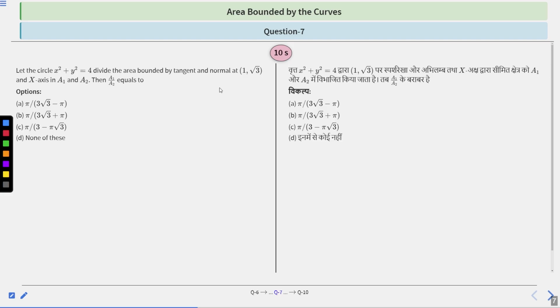So clearly you can try to draw this curve, and the tangent and normal at (1, root 3), and in this way you will be easily able to calculate A1 and A2 by integrating in the required interval. After calculating A1 and A2, you can easily take the ratio. So in this way, you can try to approach this question. You have 10 seconds to solve or think about this question. After 10 seconds, we will discuss the solution.